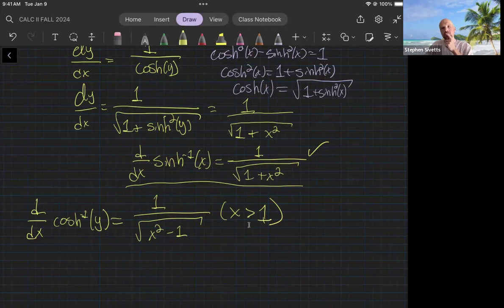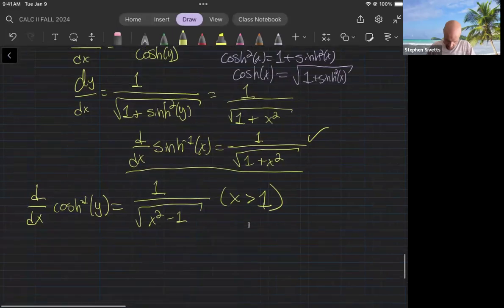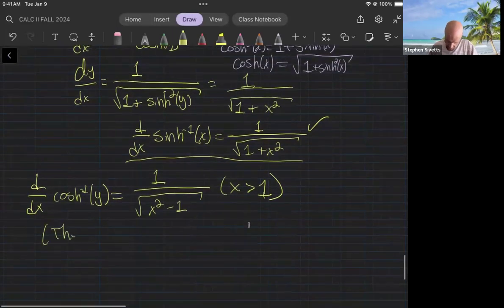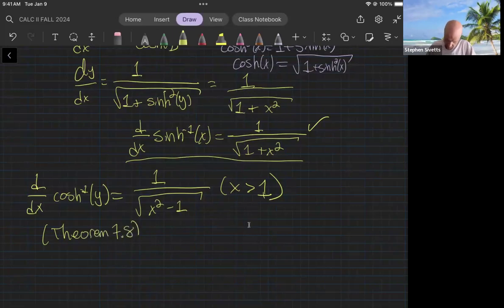And then you can find all the other inverse functions in theorem 7.8 in your textbook. I will include those a little bit later.